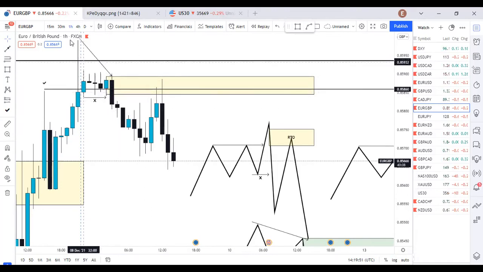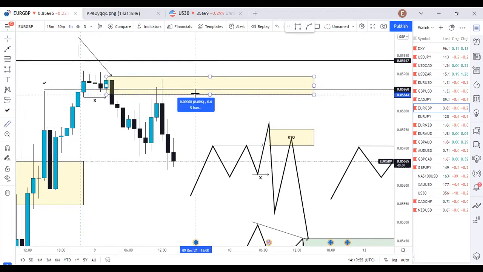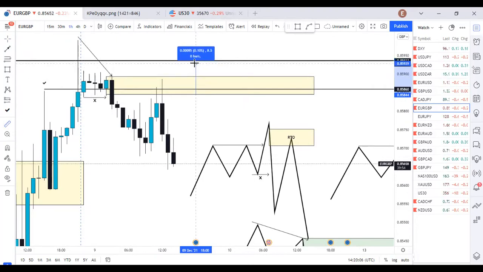If I go to 30 minutes, because I'll only go to 30 minutes, this is 5 pips. Remember, this is just a small number of pips that you are risking. It's not a lot. It depends on the type of pair you're trading.